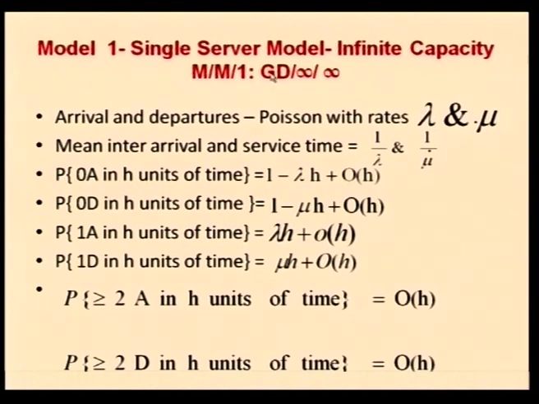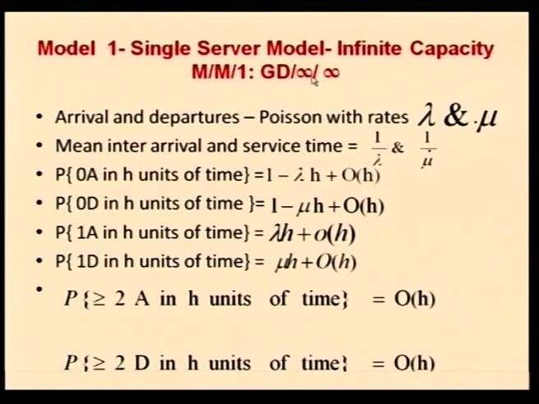As the notation goes, the first label indicates Markovian arrivals, the second label indicates Markovian departures, the number of servers is again 1, and the queuing discipline is general.